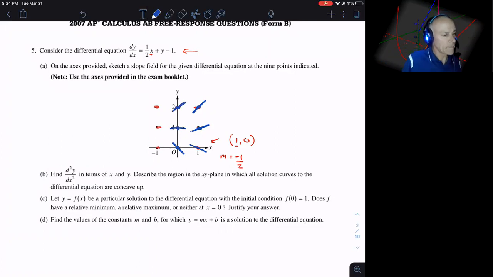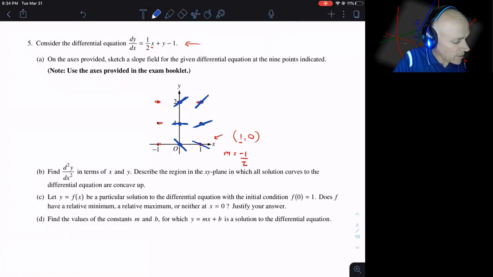All right, now I move to my last three. These all have coordinates of x equals negative 1. At this point, the coordinates are negative 1, 0. Plug that in, and my slope should be negative 3/2. So line that up.